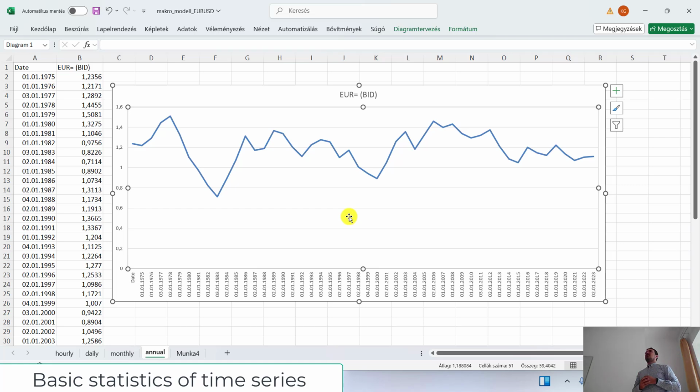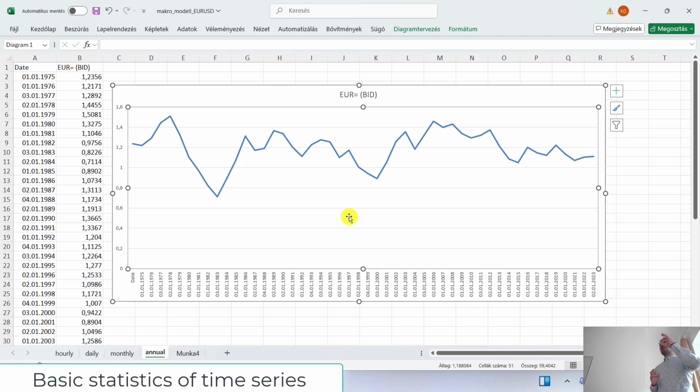Or maybe diagnostics are still okay, but you start to see artifacts in your results. Things which should be positive will be negative, or things which should be significant are not significant anymore, or the impulse response function just starts to create fairy tales in the long run.